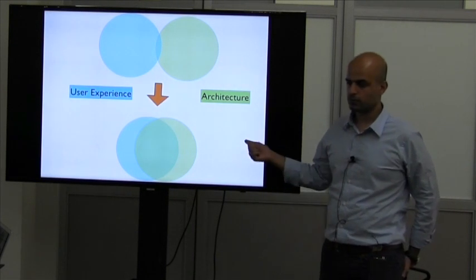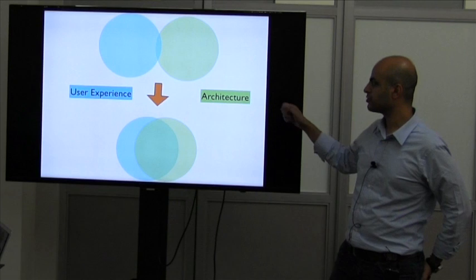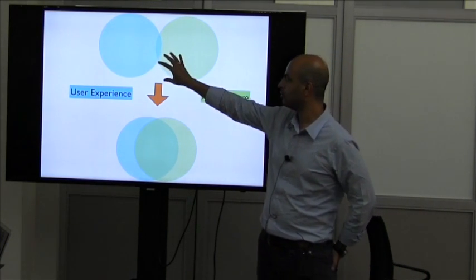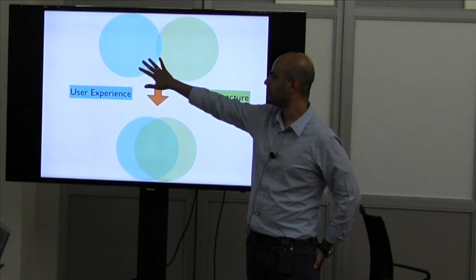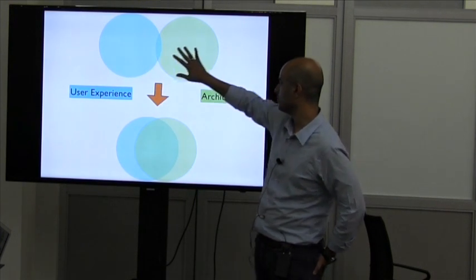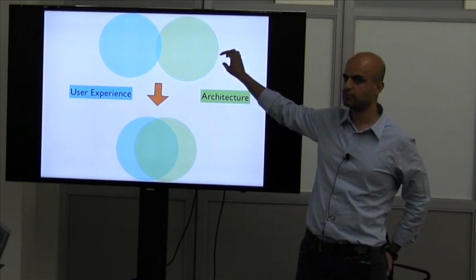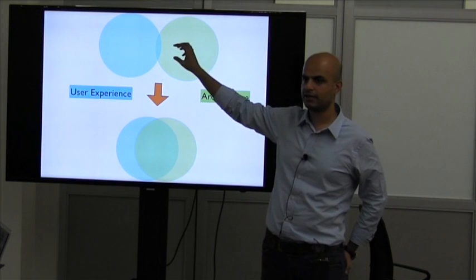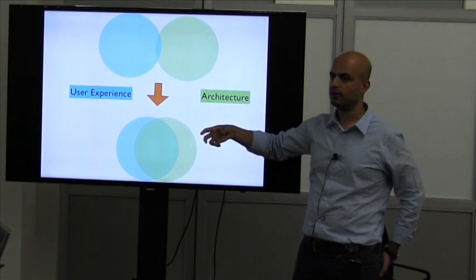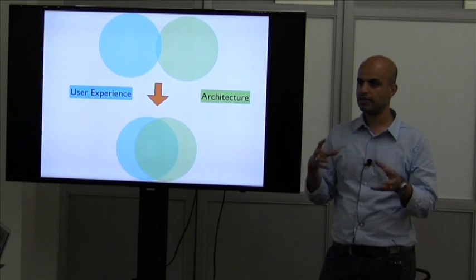And this is what I was talking about, that when we started off, this is how things looked. So this is, let's say, our efforts of user experience, and these were the efforts of architecture, the hardcore technical development architecture, right? That's the world I normally come from, where user experience is associated with making things look pretty.